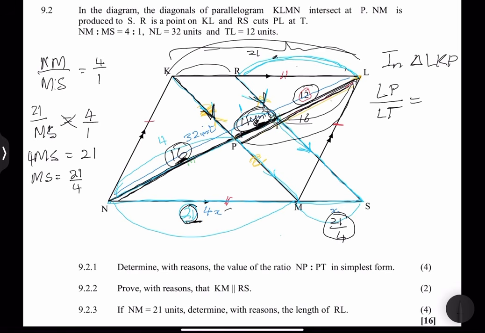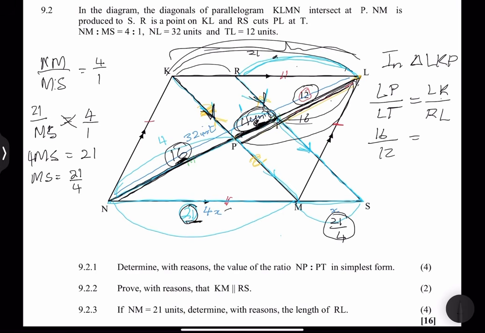That would be equal to that entire side, which is 21. So that's LK over RL, okay? Which is what we want. So now we know that LP, that's 16 units, over, in this case, LT, we know that LT was 12, right? That's over 12, is equal to LK.